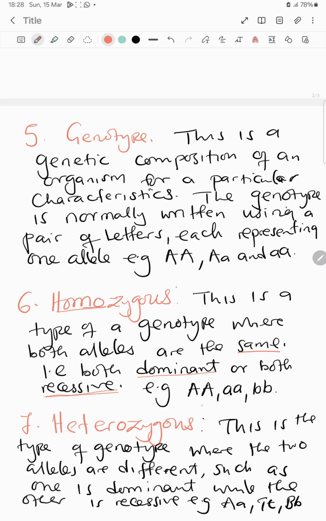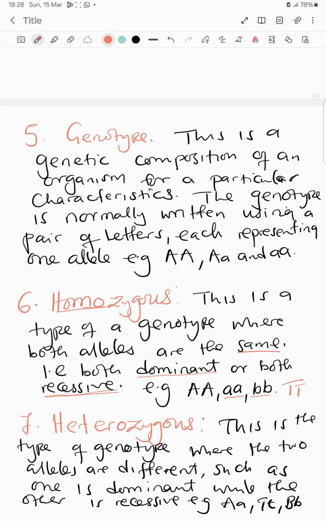We can see AA, these are both dominant, and aa, these are both recessive. If it is dominant, we use capital letters. If it is recessive, you use small letters. So this is the type of genotype where both alleles are the same.